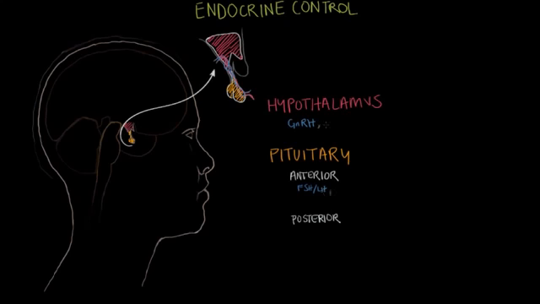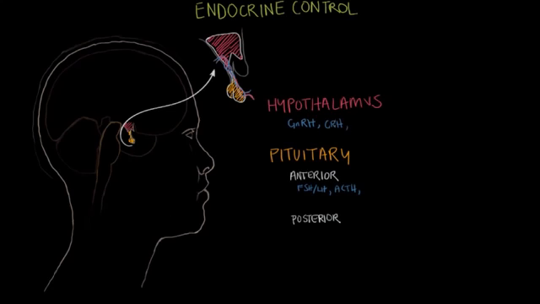Another example of how the hypothalamus controls the pituitary gland, which ultimately controls the endocrine glands, is corticotrophin releasing hormone. And corticotrophin-releasing hormone stimulates the anterior pituitary's release of adrenocorticotrophic hormone, ACTH. Adrenocorticotrophic hormone goes down to the adrenal glands, and it stimulates the adrenal gland's release of its hormones.